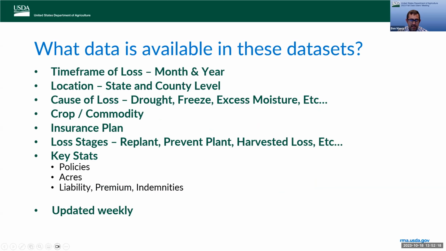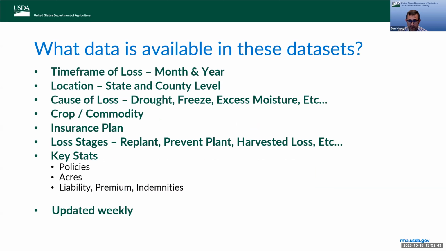So what kind of data can we find in here? This gives a lot of critical information on losses. It digs a little bit deeper than the summary of business and gets into specifically the claims and indemnity sides of things. It looks at the time frame of the loss, with the month and the year that it occurred. It shows the state and county level. And then what was that cause of loss? Was it drought?